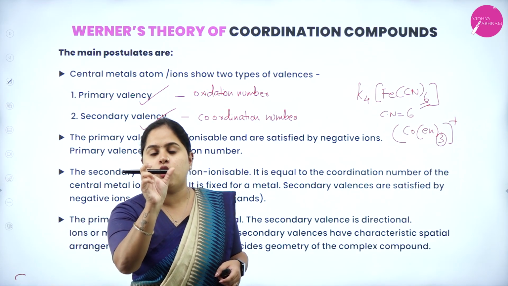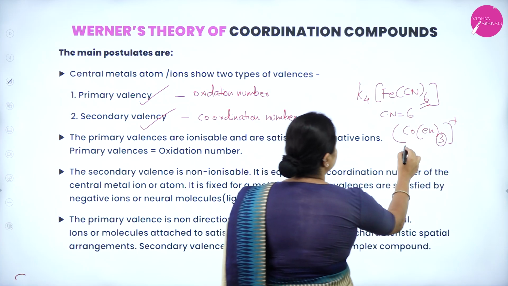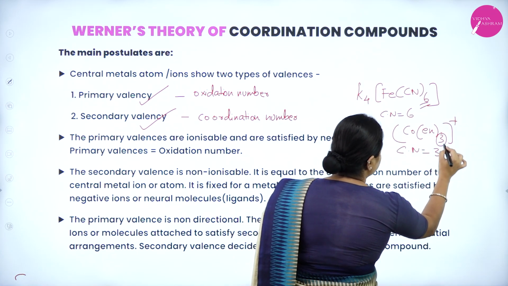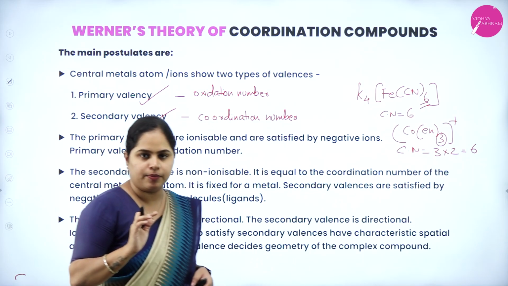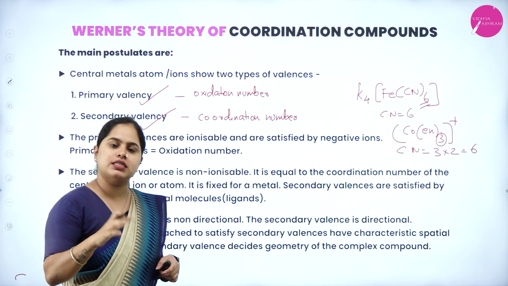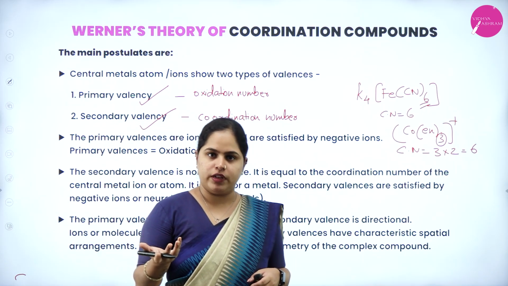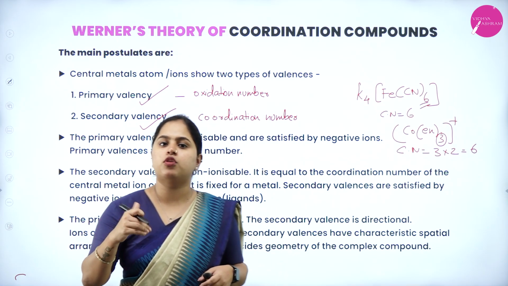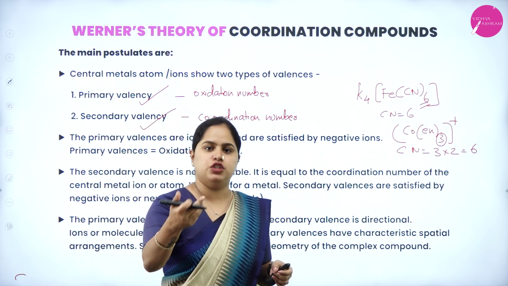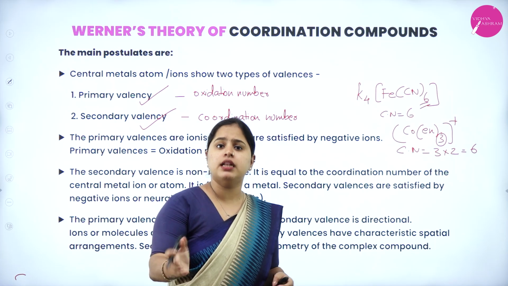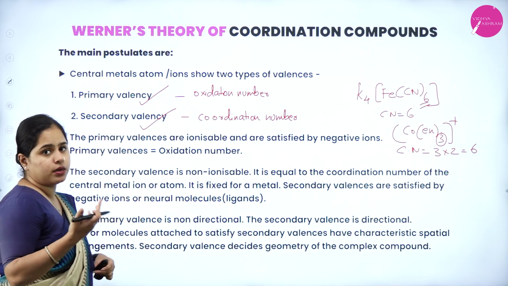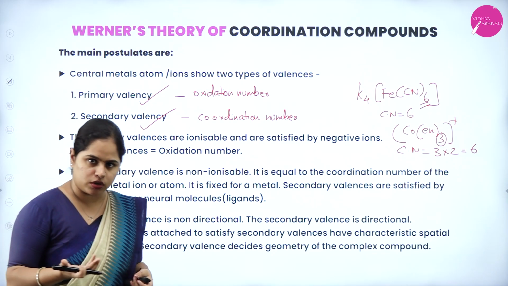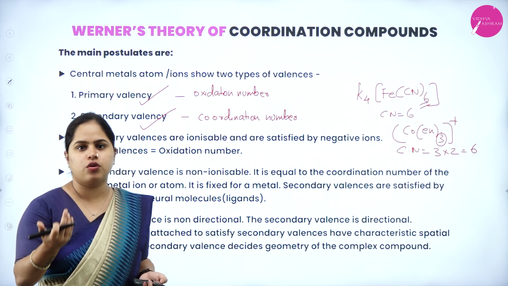That bidentate point also has to be considered here. So the coordination number will be 3 into 2, that 2 is because it is a bidentate ligand. If it is monodentate, it is exactly equal to the number of ligands itself. If it is bidentate, you multiply the number of ligands by 2. If it is hexadentate, you multiply the number of ligands by 6. I hope it is clear. So this is what it means: primary valency is equal to oxidation number, and secondary valency is equal to coordination number.